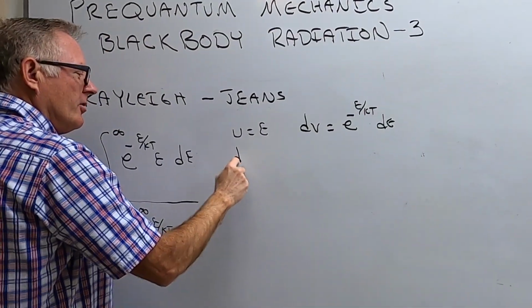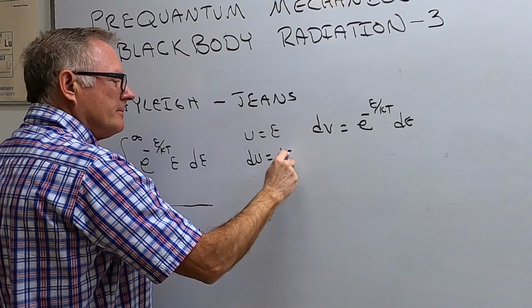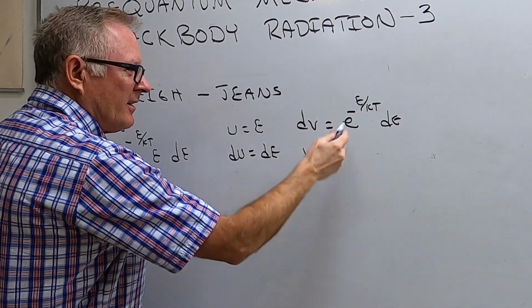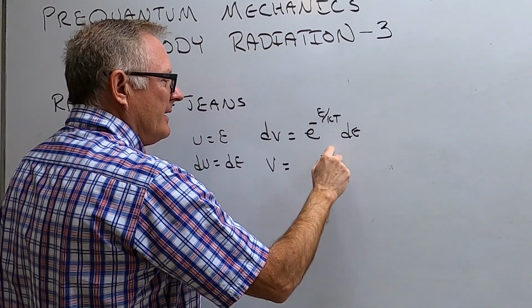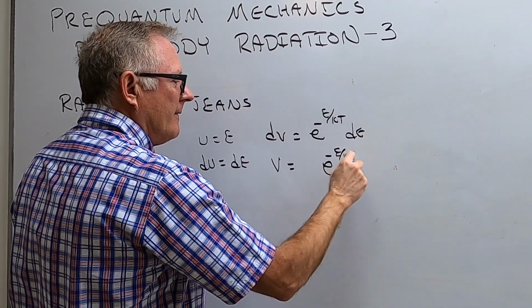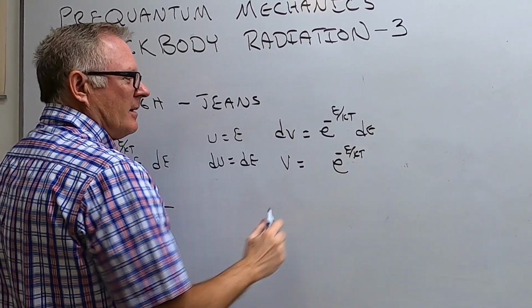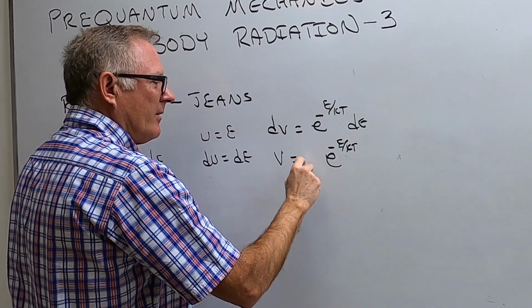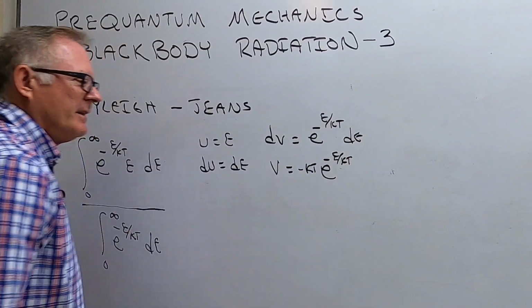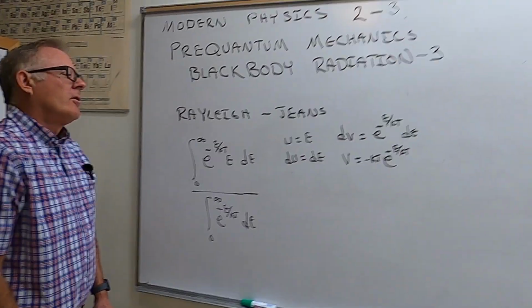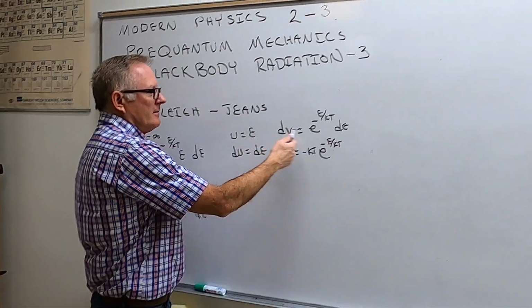Then du is dE, and v is the integral of that. The integral of that is still e to the minus E over kT, and then we have a minus kT right here. It's flipped right there. So there is the uv.